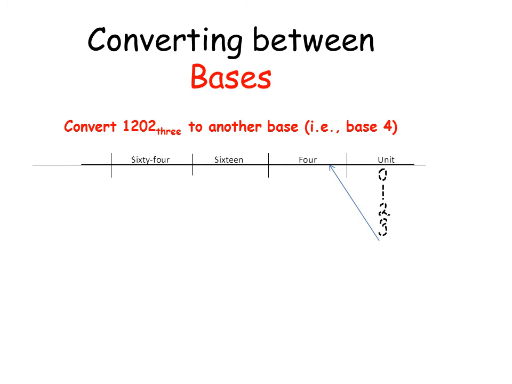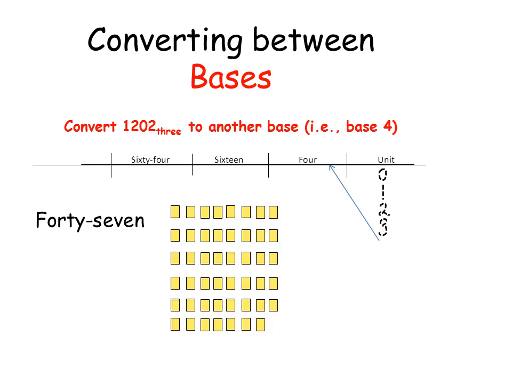So in this case, I'm taking the numeral name 47 and I want to rewrite it in base 4. The number is the idea of the objects. The numeral name is 47, so this is what the number looks like.